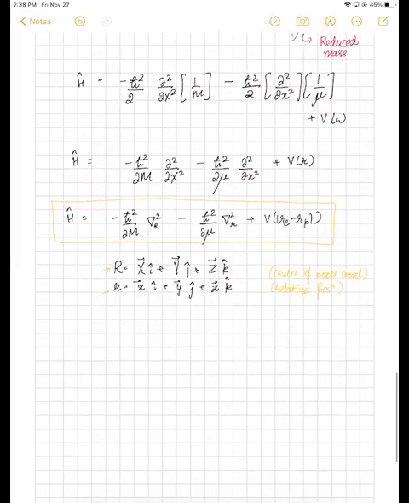And this is going to be helpful in the next video to separate our wave function. So thanks for watching and hope this was helpful.